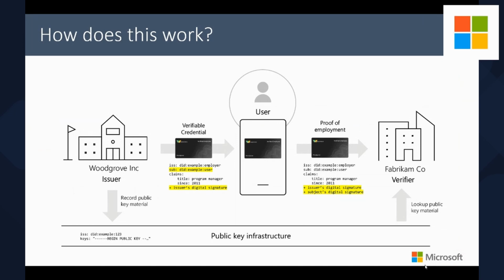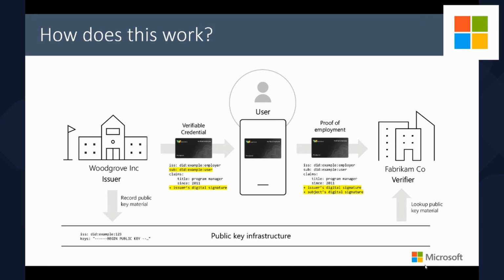So in the verifiable credential, we will have the information about the issuer, the decentralized identifier of the issuer Woodgroove, and the decentralized identifier for the user. And also we will have some claims like title, since when this worker worked for this company. And also we will have issuer's digital signature. So this verifiable credential will be signed.